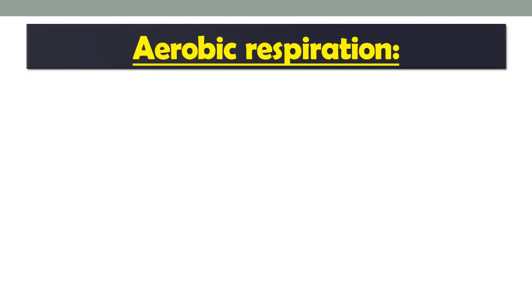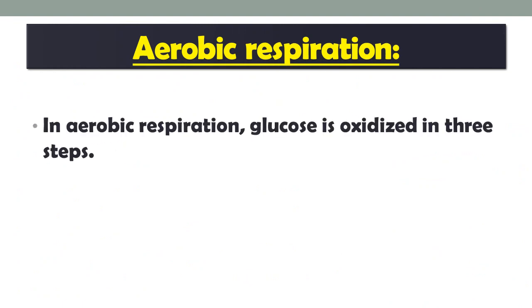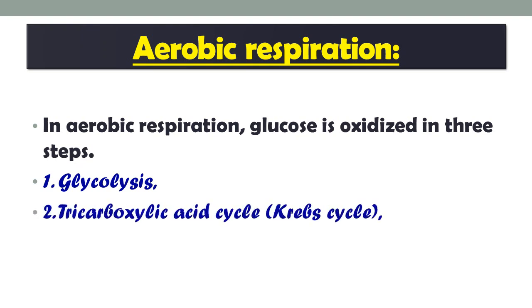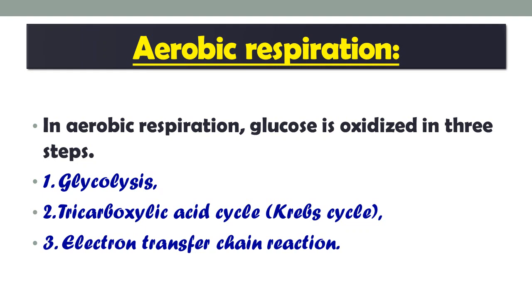Now we have to study aerobic respiration, which takes place in the presence of oxygen, where glucose is oxidized in presence of oxygen. In aerobic respiration, glucose is oxidized in 3 steps. The first step is glycolysis, which takes place in the cytoplasm of the cell. The second is the tricarboxylic acid cycle, also called the Krebs cycle, and then the electron transfer chain reaction.